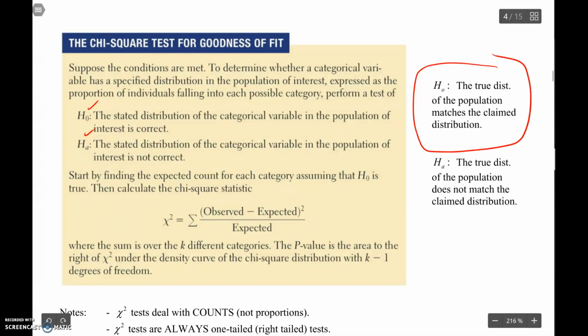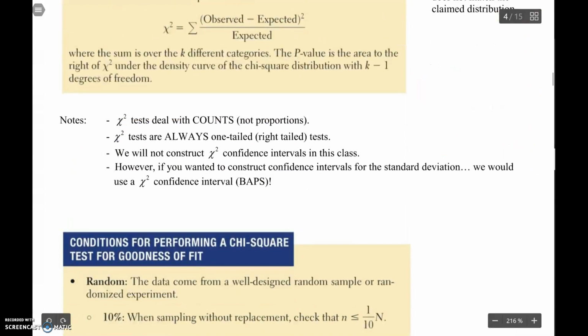I like saying it matches a claim distribution. Or the true distribution of a categorical variable in the population does not match. So the null is it matches, the alternate is that it doesn't. We're always dealing with counts. Chi-squareds are always one-tailed tests.